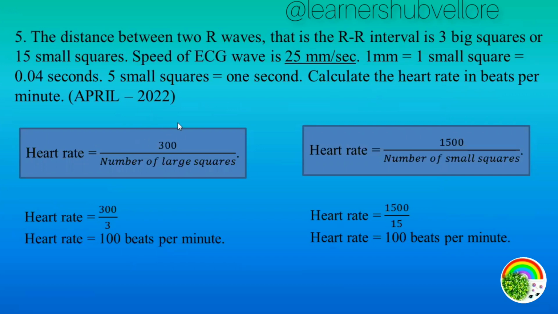Everything is given. So just see one thing: the number of large squares. How many large squares are there? 3. And the number of small squares, how many? 15. You can find it with large squares or with small squares; that only they have asked. I have done both, 300 divided by 3 and 1500 divided by 15. Both come to the same answer. This was asked in April 2022.